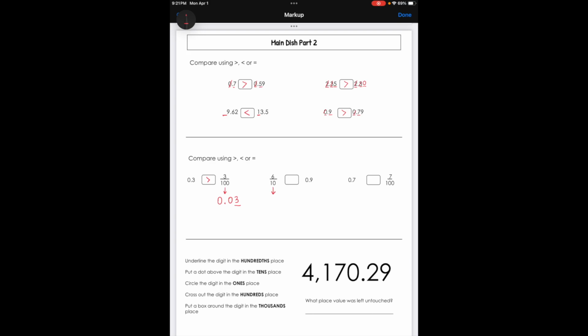Next, I'm going to do 6/10, transform that into a decimal. When I compare, I can tell that 0 and 9/10 is greater. And lastly, transform this into a decimal, 7/100. So my 7 needs to end in the hundredths place. And I can easily compare those. Go ahead and knock out this last one on your own.